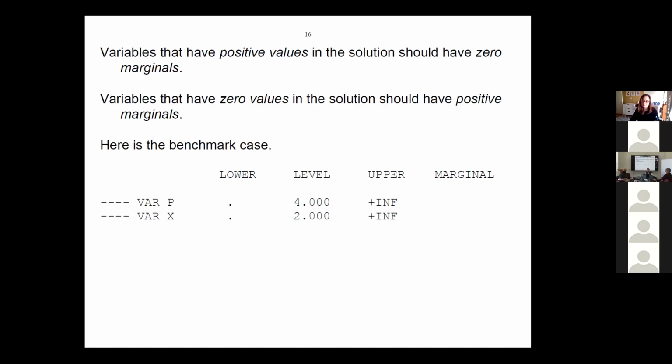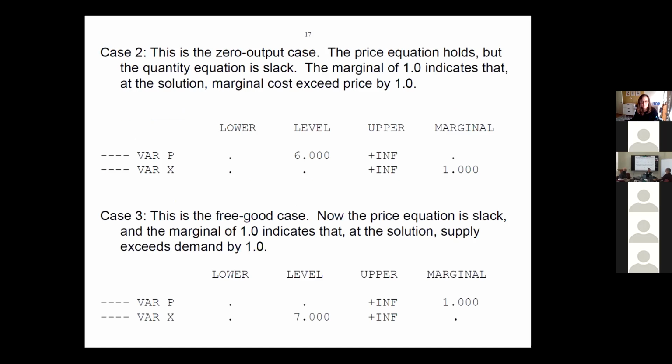And then the marginal is the 0 here. Well, let me go to the next slide and tell you exactly what the marginal is. So in case 2, this is what the solution looks like. Price is 7, but the output is 0. The technology is not used.